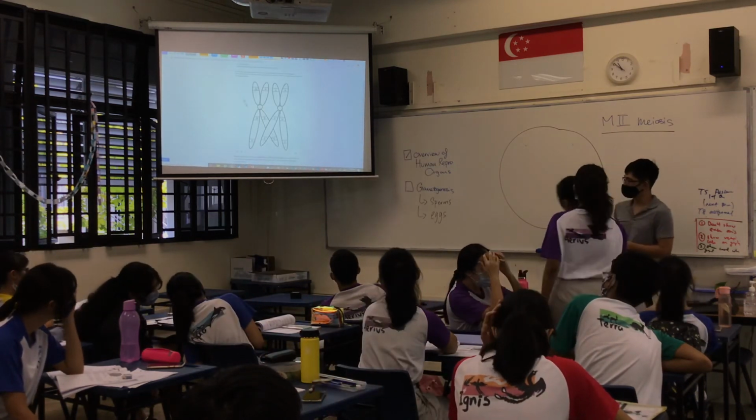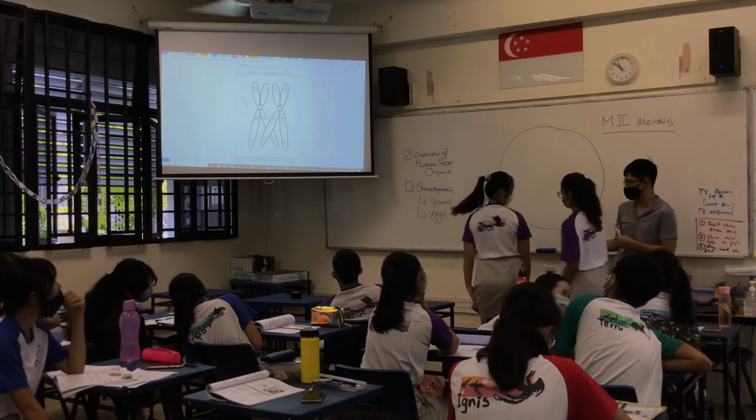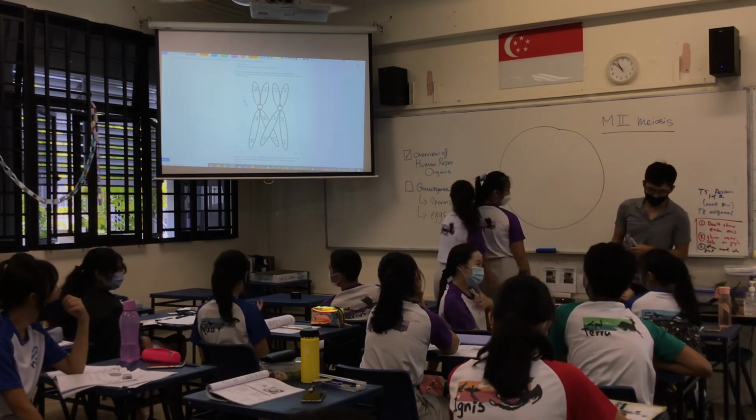Okay, these are the chromosomes. These are the homologous chromosomes at prophase 1. What will it look like at metaphase 2?